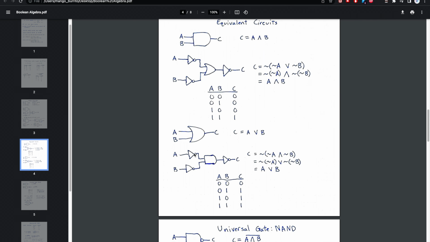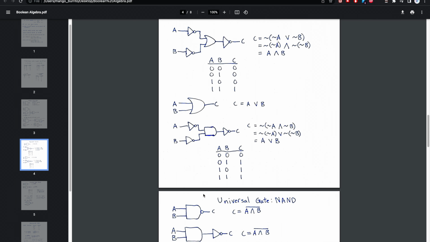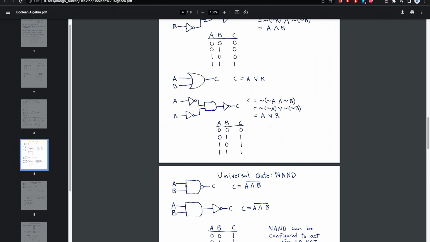So not A is the input going into this AND operator. Not B is the input going into that same AND operator. And we can see that right here: not A and not B. All of that output goes into this not operator, which is right here, and that equals C. So the same thing. And we'll stop right there.